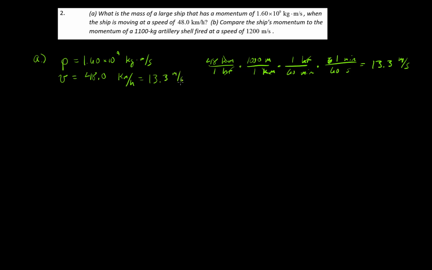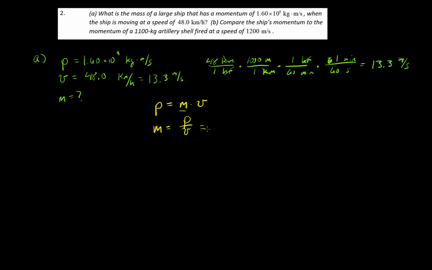Then what we want to know is the mass. So what's the mass equal to? For this problem, we'll just be using the definition of momentum. Momentum is equal to the mass times the velocity. So if I want to know the mass, I just move v over. Mass is equal to momentum divided by velocity.